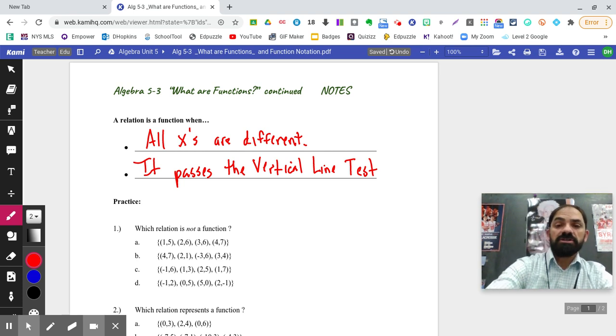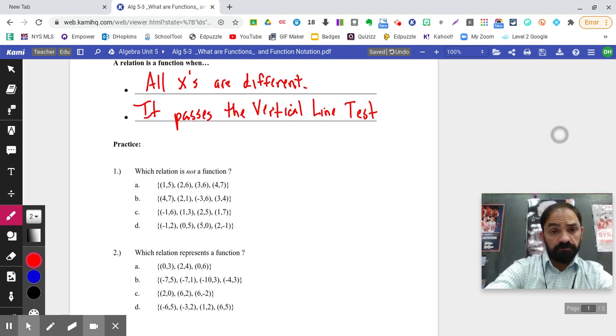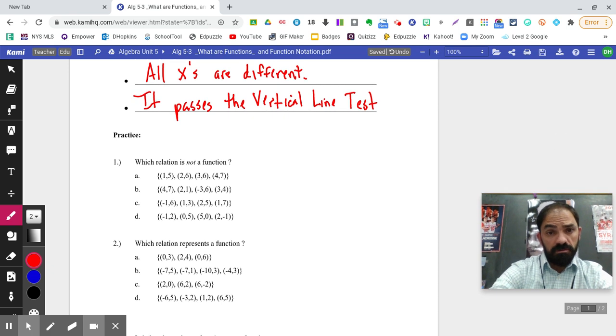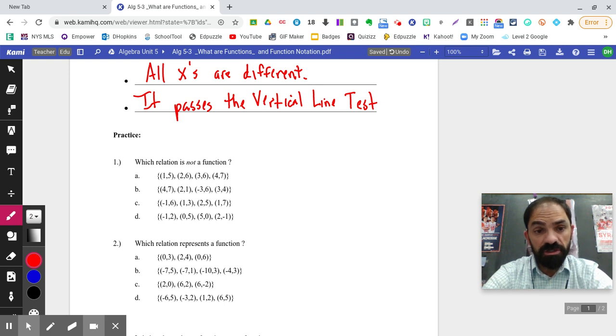Okay, so let's just review the previous lesson on functions. Which relation is not a function? I'm looking for one whose x value may have multiple same values. For instance, in 1a, the x values are 1, 2, 3, 4.